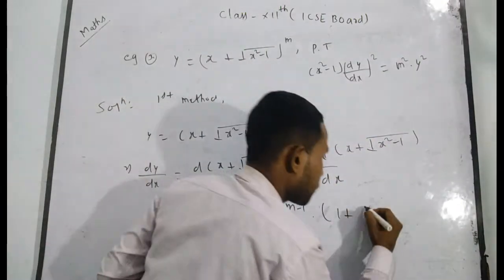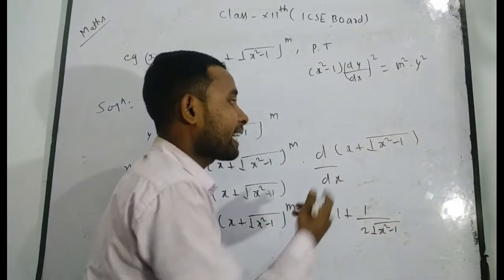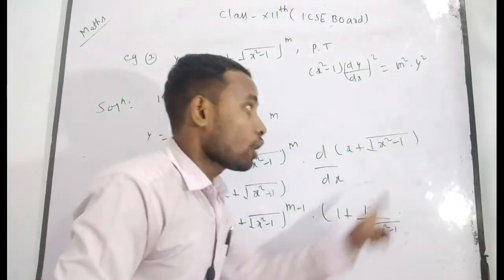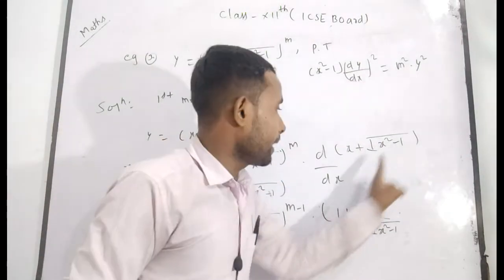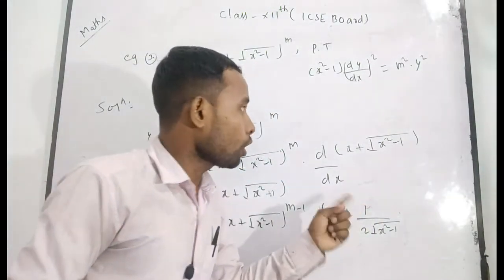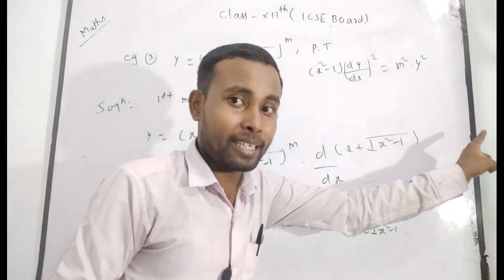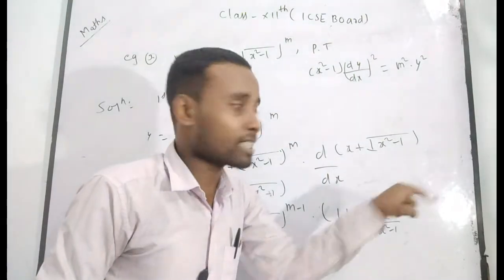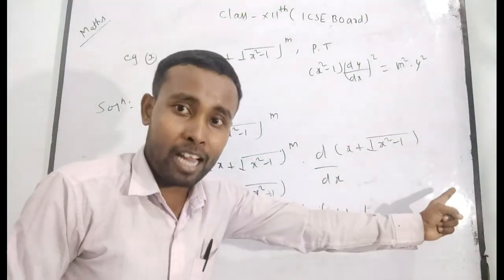In that case it becomes 1 upon 2 root under x square minus 1, into the derivative of x square minus 1 with respect to x. When I have taken it, you again have to differentiate with respect to x. In that case, the derivative of x square will be 2x and the derivative of minus 1 will be 0.